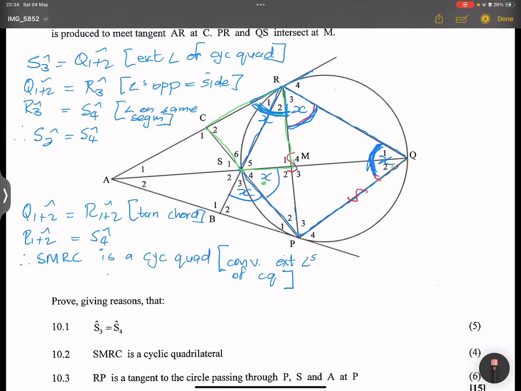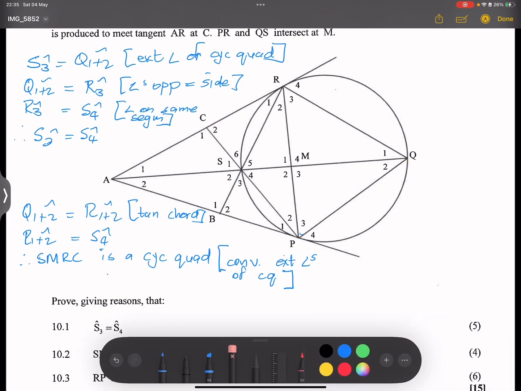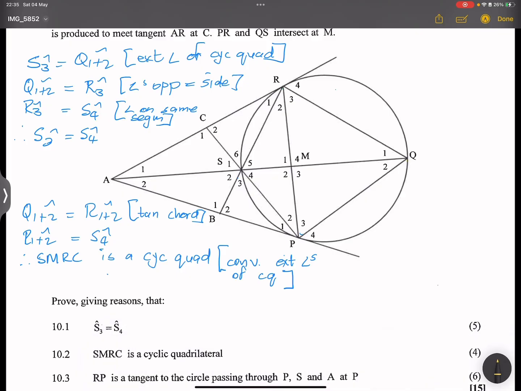Now, ladies and gents, let me try and remove some of the stuff so that we can see that. What they are saying to us is that suppose we could draw a circle, and that circle passes through P, S, and A, right? So if we were to have a circle there, I know my circle is really not circling.